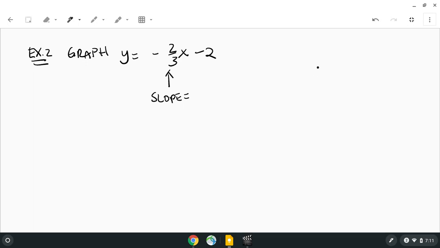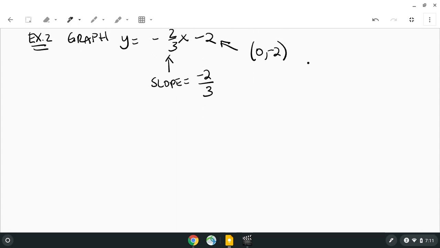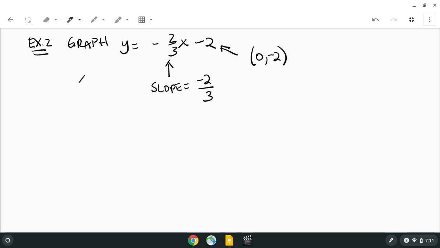So for simplicity, I'm going to write it in the numerator. So there's my slope. And over here, my y-intercept is (0, -2). Again, those are the only two pieces of information I need in order to graph the line.